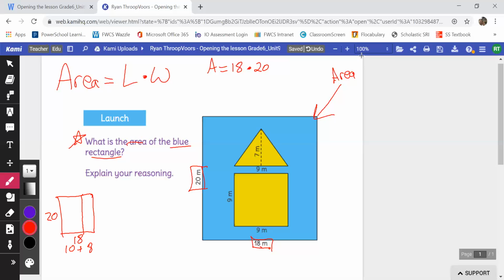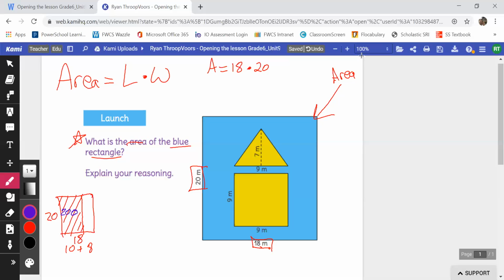So this particular rectangle that I broke this up into, this would be 20 times 10. And of course, I know that 2 times 1 is obviously 2. So 20 times 10 is going to be 200. So the area of this space is 200.